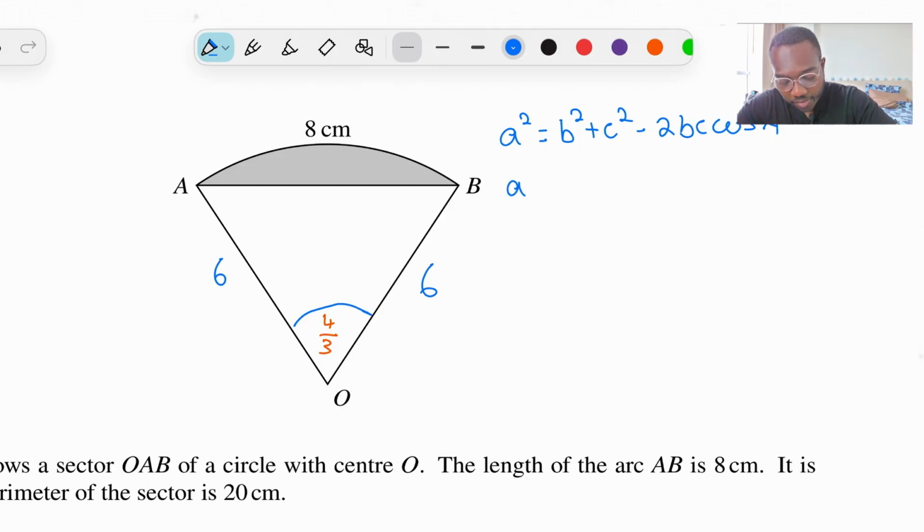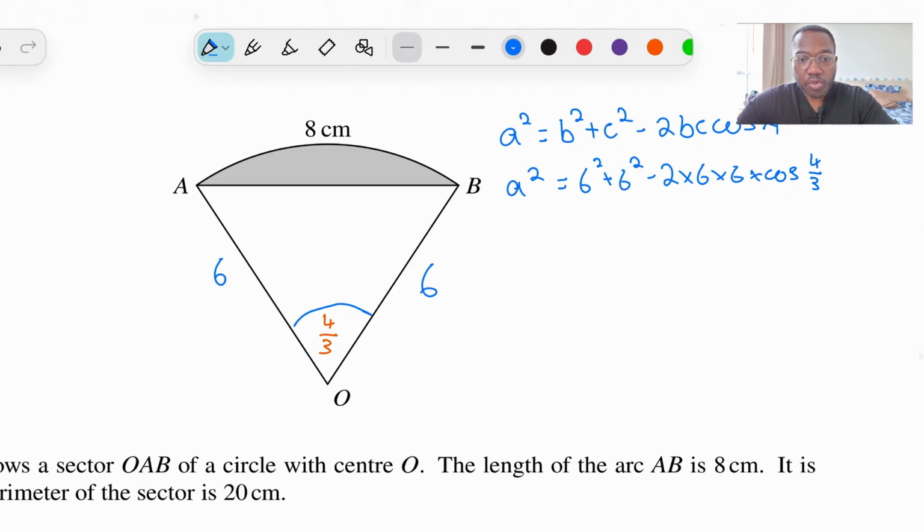So for us, that'll be a squared is equal to b squared plus c squared. So just the two sides, that'll be 6 squared plus 6 squared minus 2 times 6 times 6, and then that's times the cos of the angle, which is 4 over 3. We're in radians, so make sure you're in radians.